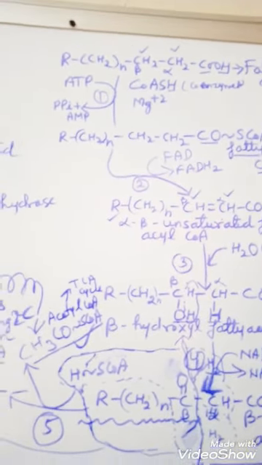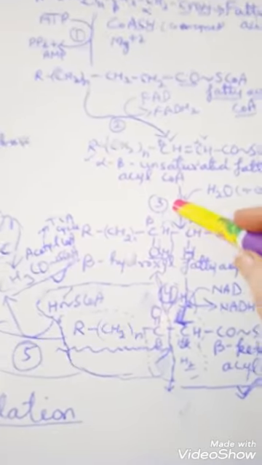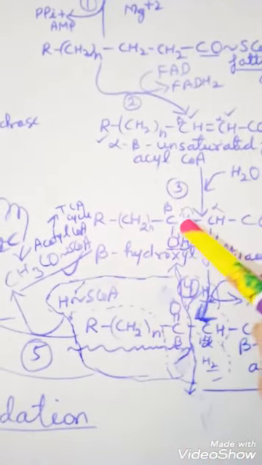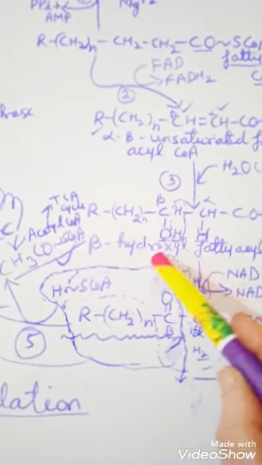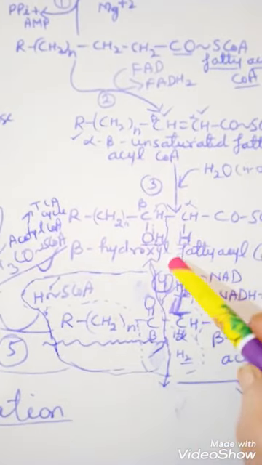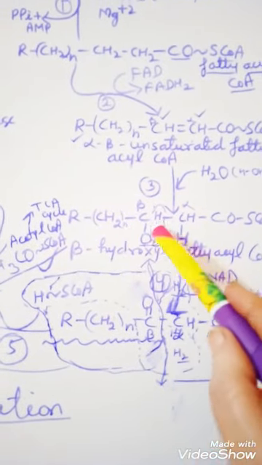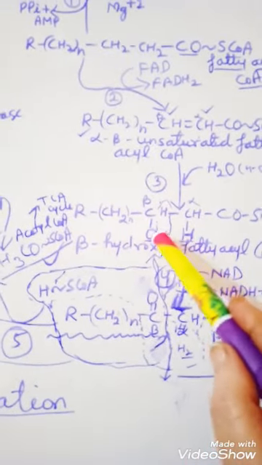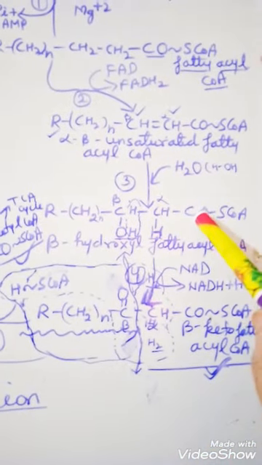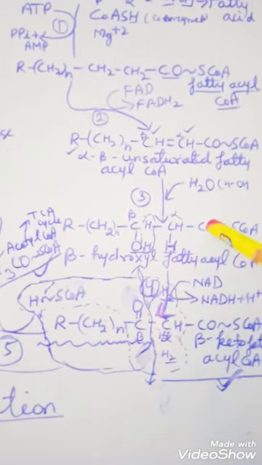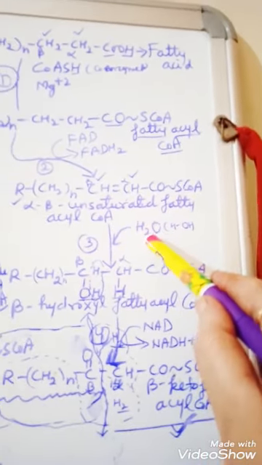You could see the unsaturation at the alpha and beta position, and this alpha and beta unsaturated fatty acyl coenzyme A, after the third step, is converted into beta hydroxy fatty acyl coenzyme A. The third step is hydration, addition of water, as you could see here.